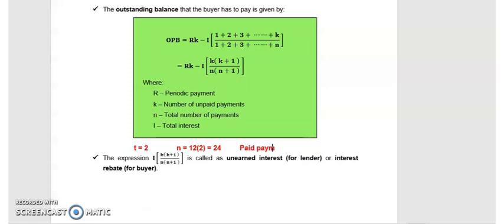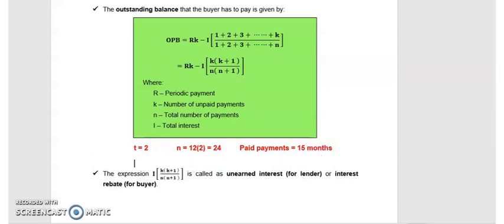Okay, paid payments, 15 months. Okay, on the 16th month, you decide to settle all the outstanding balance. Okay, you want to settle all the remaining payments earlier. So how to calculate K? Number of unpaid payments will be N, total number of payments 24, minus number of paid payments.